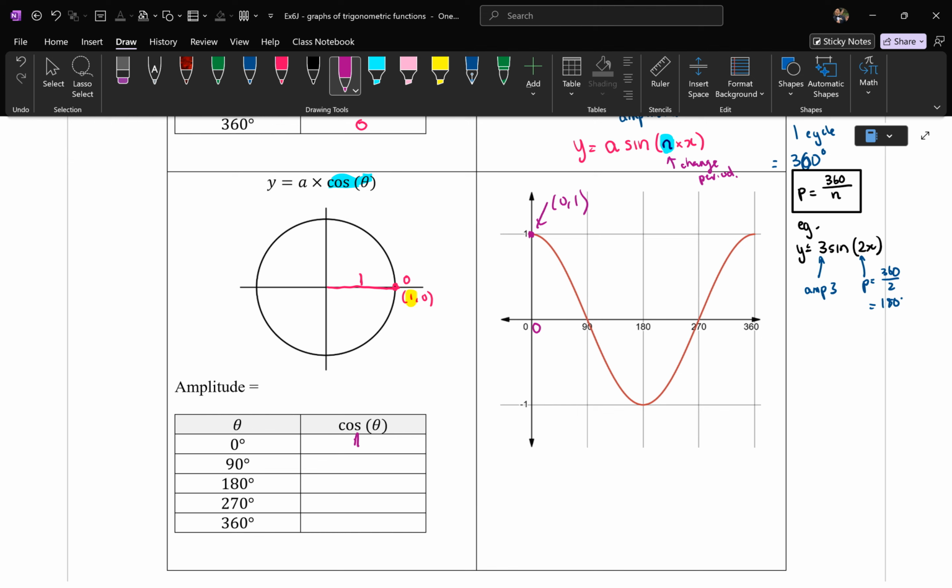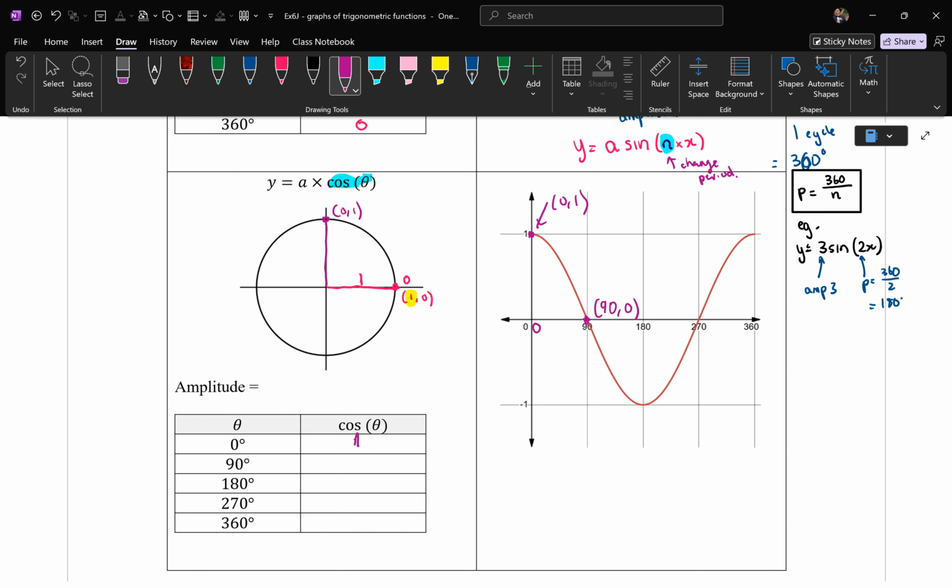As I head towards 90 degrees, the first quarter, remember that point there is (0, 1). That's why the x value at this point is 0, and that's why at 90 degrees, x value is 0. That's why it's at the x-axis intercept there.